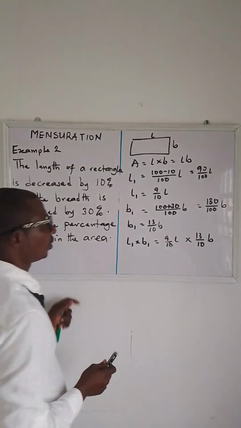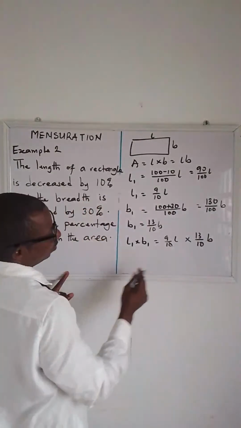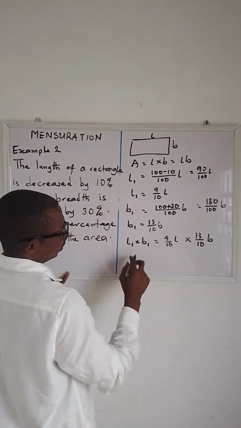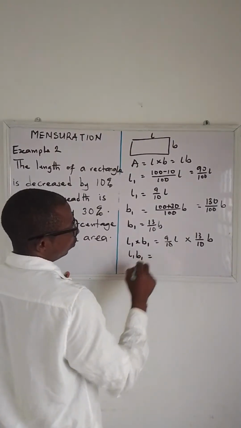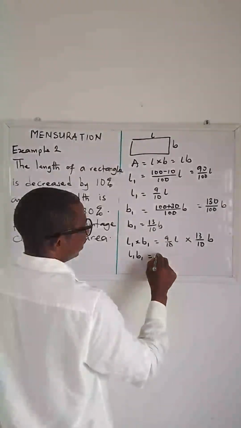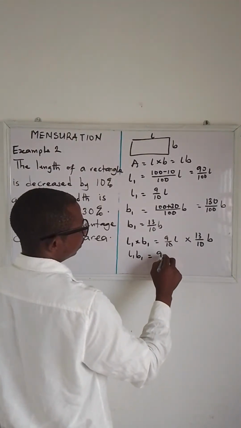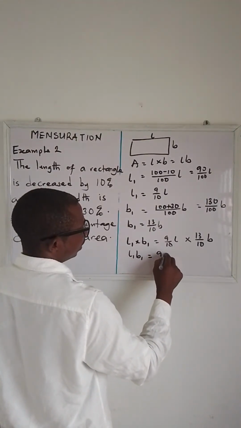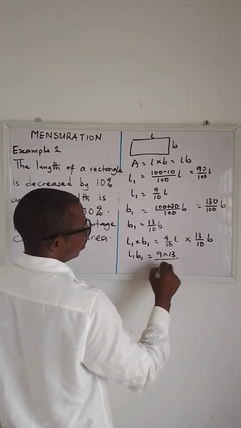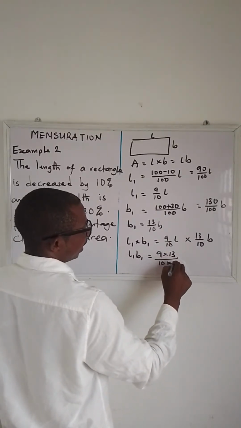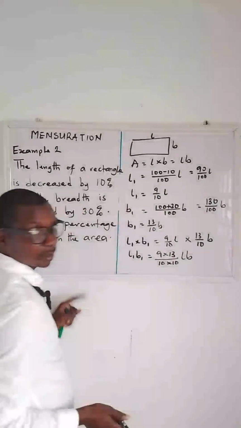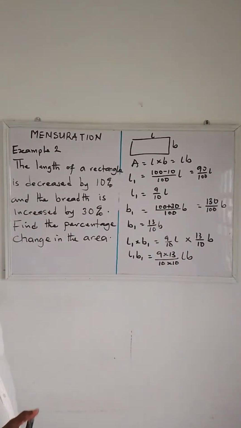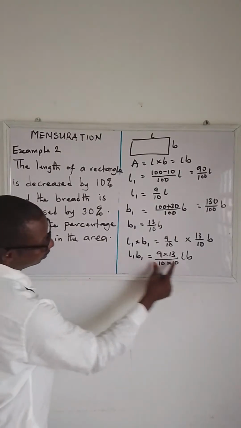All right, so now we try and tidy this up. L1 B1 will be equal to 9 times 13 over 10 times 10, LB. So now this is what we have.